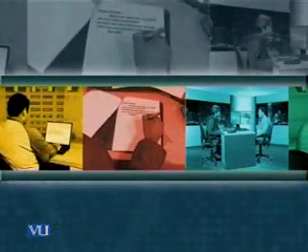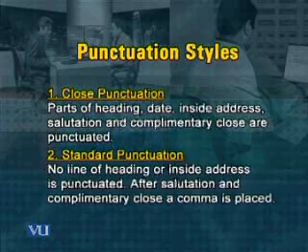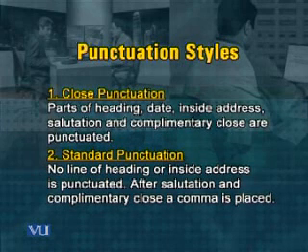I hope that you must have learned something out of this discussion that we've been doing. And now when you look at a letter, go for close punctuation, open punctuation or standard punctuation. See which type of punctuation is present in the letter, and also see other parts, especially look at the formatting of a letter and formatting of a memo, the differences found in them.